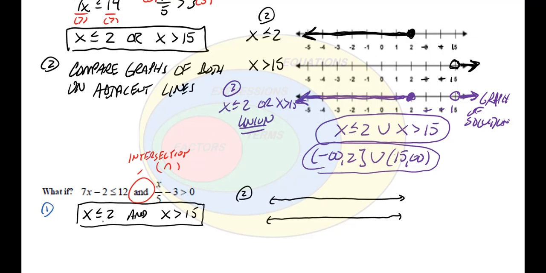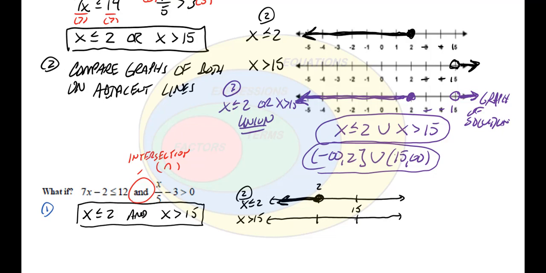For x less than or equal to 2, maybe the 2 is over here somewhere. I make sure when I line up my number lines that the 2 is at the same space. Less than or equal to would be everything to the left. So this is x less than or equal to 2. X greater than 15: well, 15 is to the right, so anywhere to the right.